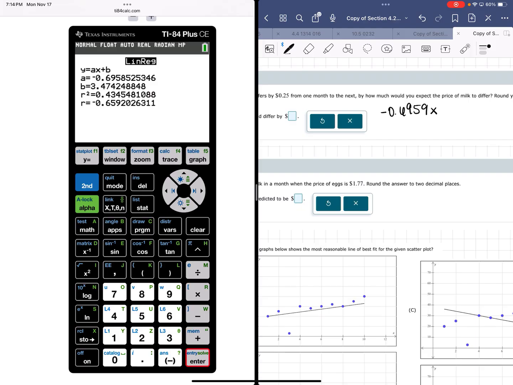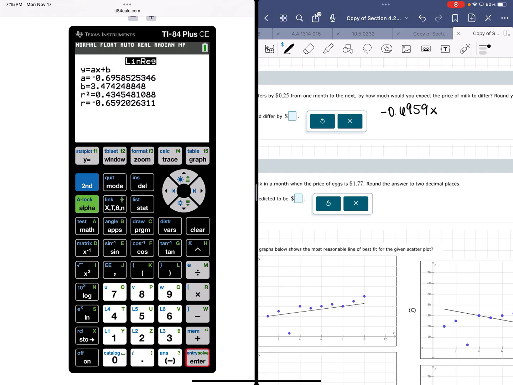Differs by 25 cents from one month to the next. Okay, I actually put in values there. And I went from like 1 month it was $1 and the next month it was $1.25. You can still do it this way. I still did it the Jeremy Emma way. It's not going to make a lot of sense to you at first because it's going to be negative.